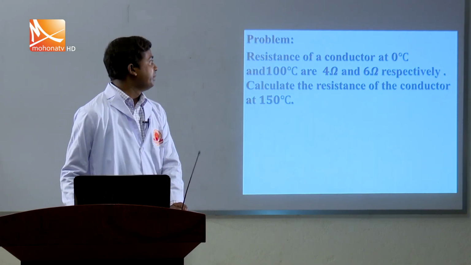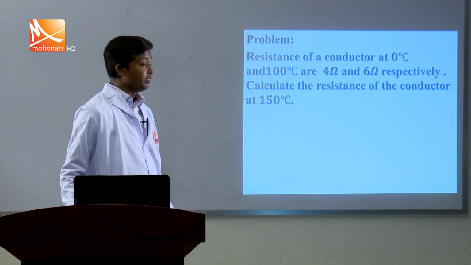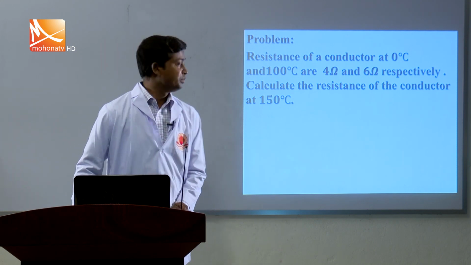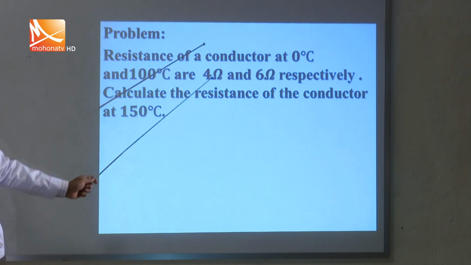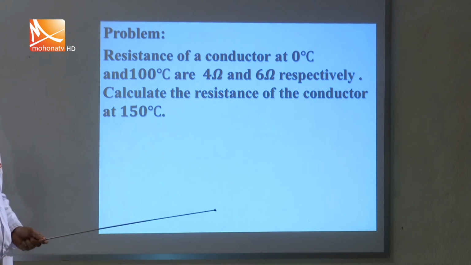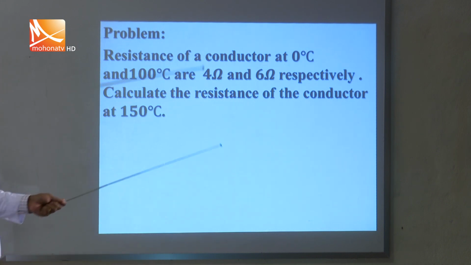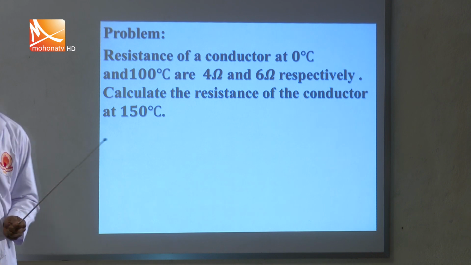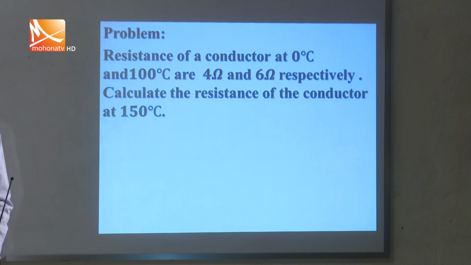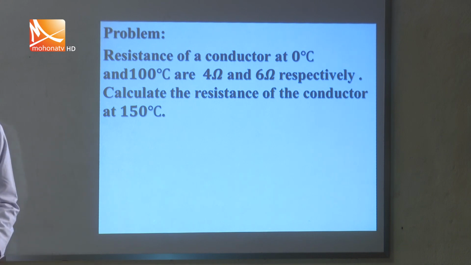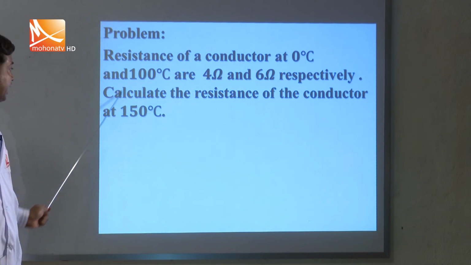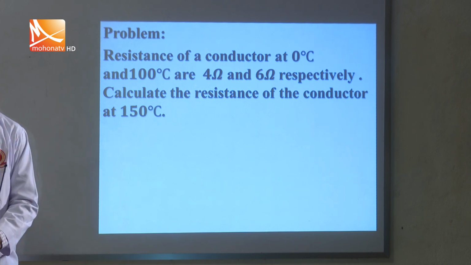Now, a simple mathematical problem for you, but do not worry, there is also a solution. The resistances of a conductor at 0 degree and 100 degree Celsius are 4 ohm and 6 ohm respectively. Calculate the resistance of the conductor at 150 degrees Celsius. In this case, the resistance of a conductor at two different temperatures is given, and you have to calculate it at another temperature, 150 degrees Celsius.